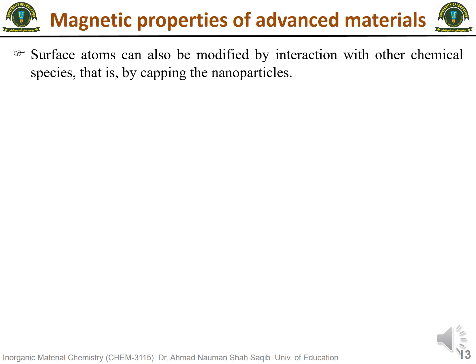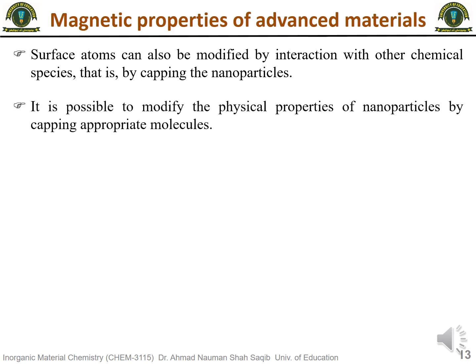This process of capping the materials with appropriate molecules is really important, because it can manipulate the characteristics of materials, especially their magnetic properties. So we can get ferromagnetic properties from materials which are actually diamagnetic in nature through surface modification using different chemical compounds.